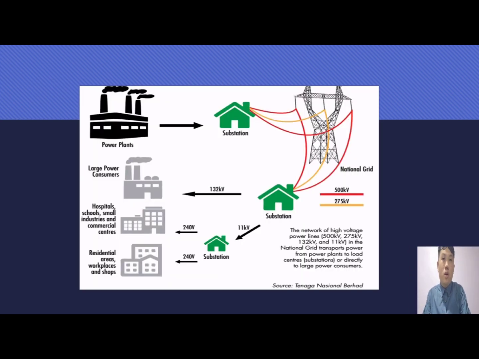This diagram shows the electricity generated by the power plant is transported and distributed to the large power consumers, hospitals, schools, more industries and commercial centers, and residential areas, workplaces, and shops. In this case, we can see 240 volts of electricity is transported and distributed from the substations to the residential area.